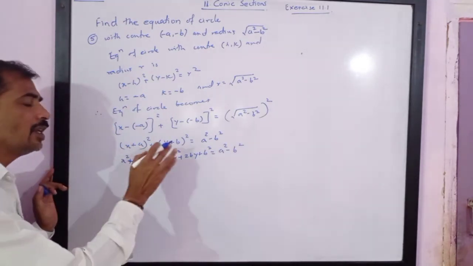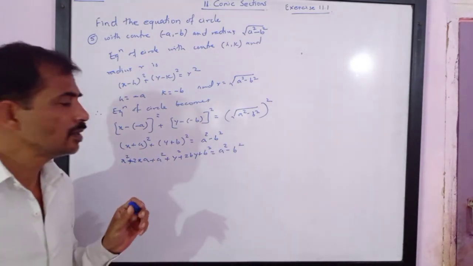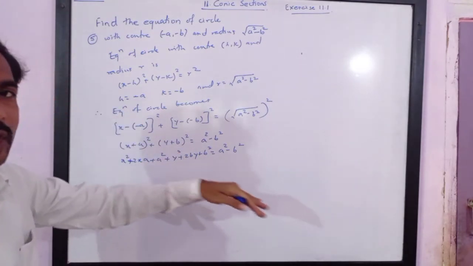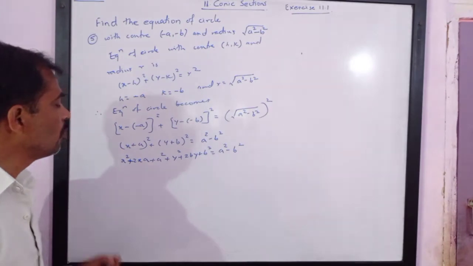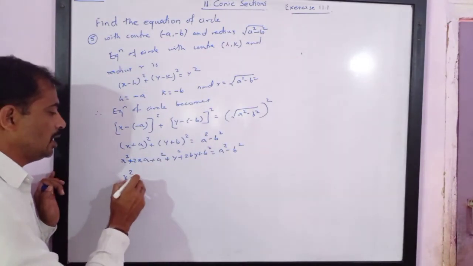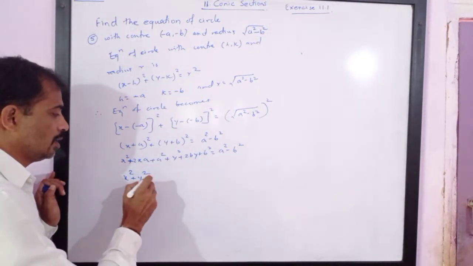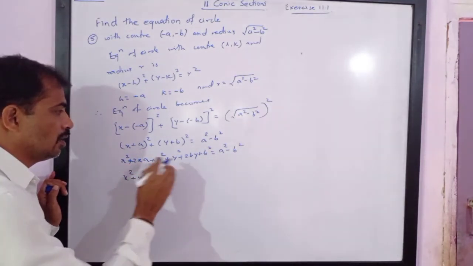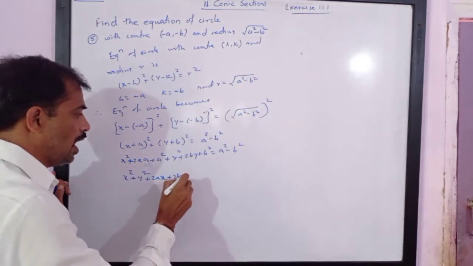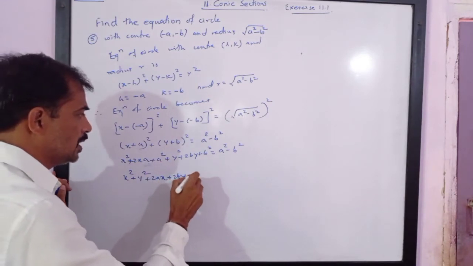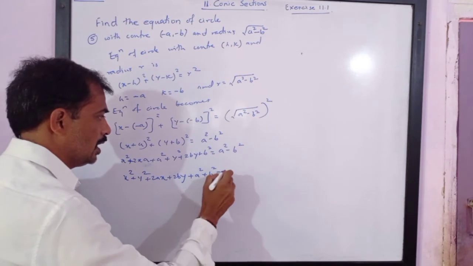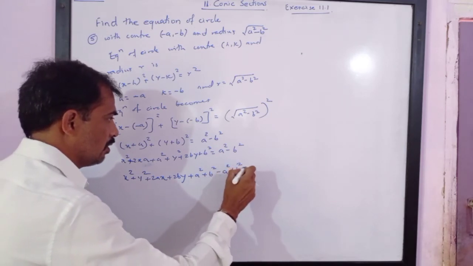Now we normally consider a and b as constants, and x and y as variables. So arrange the equation in the descending powers of x and y. So this will be x square plus y square plus 2ax, constant is written at the front, plus 2by plus a square plus b square minus a square plus b square is equal to 0.